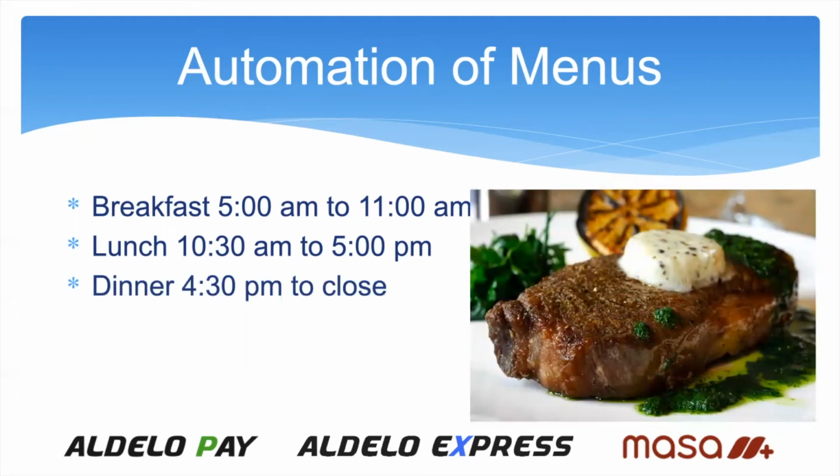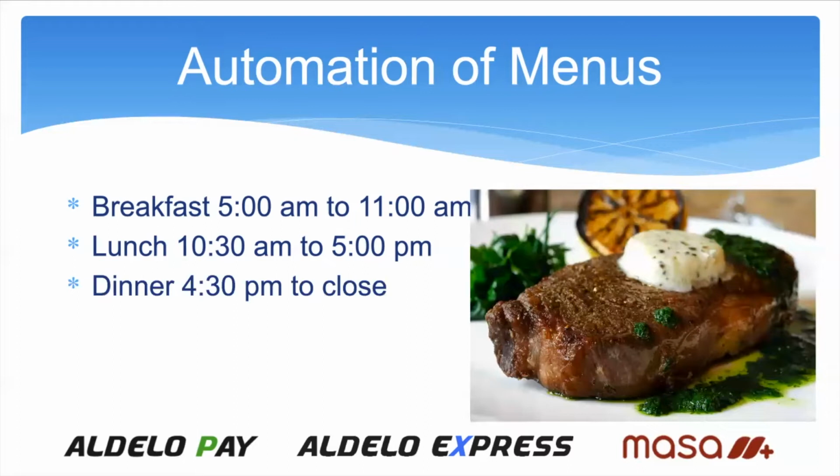And in this case, we're now going to pop up a dinner category that they can start showing on the point of sale, and they can start ringing up items. In this case, I'm showing a 30-minute gap. So this is kind of how it would flow on a normal restaurant.